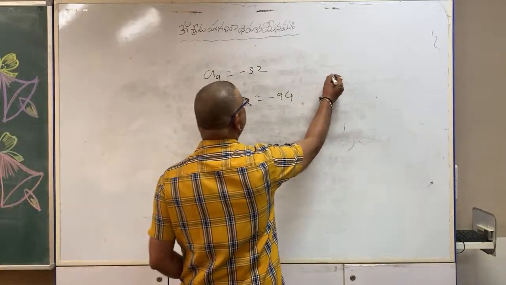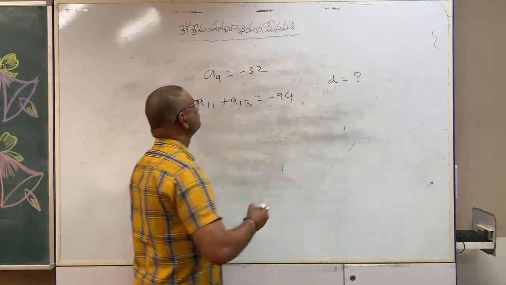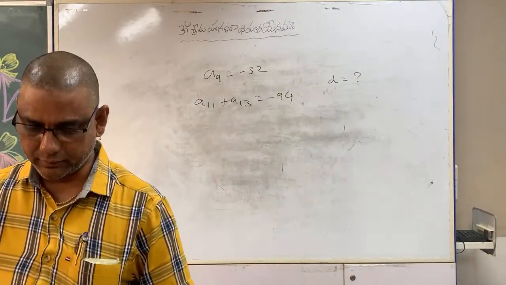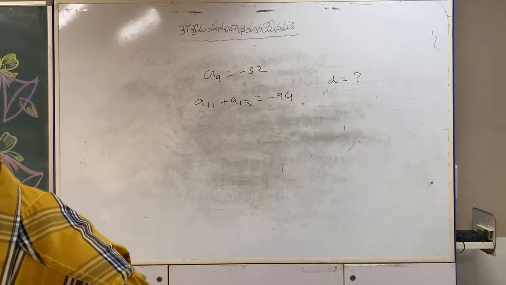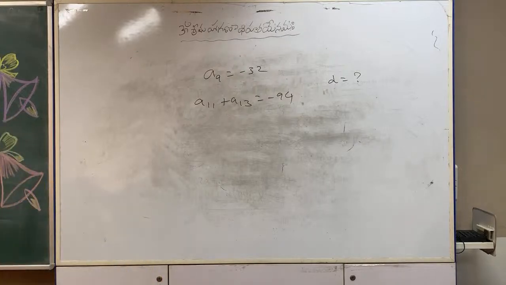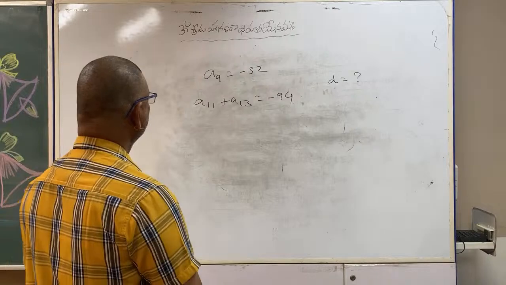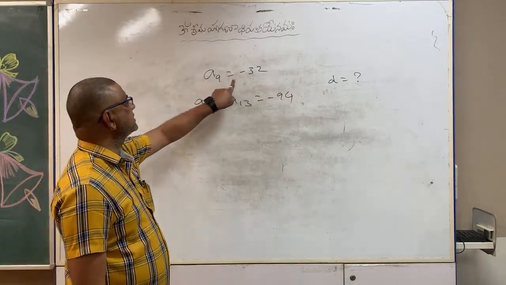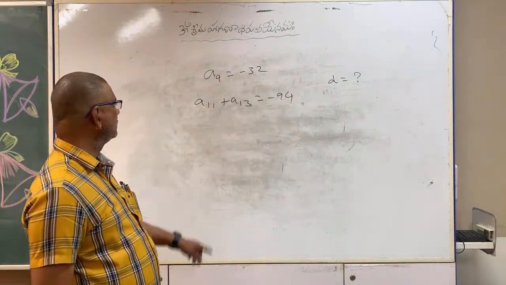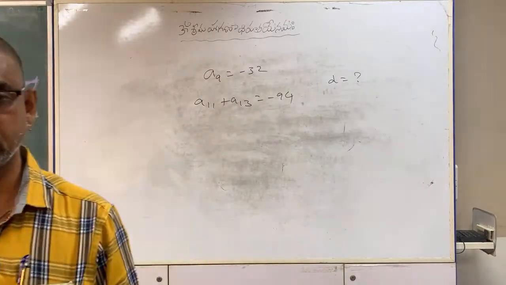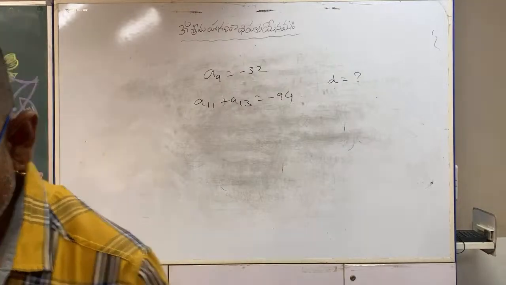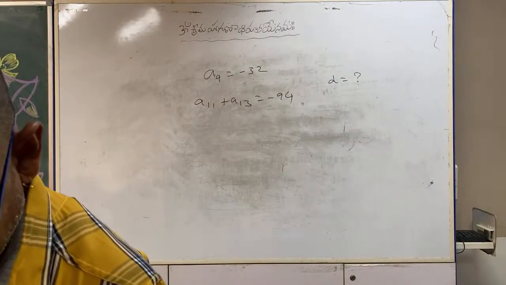We need to find out D. Do it fast, children. A9 is given as negative 32. A11 plus A13 is given as negative 94. What is D? Fast.